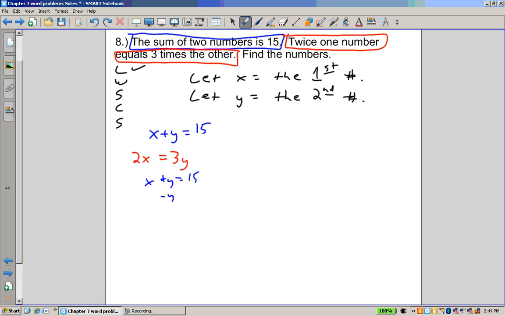We're going to subtract y, and we get x equals the opposite of y plus 15. So I'm just going to plug x into the red here. So 2 times something equals 3y. And instead of putting x in the red equation, I'm going to put the opposite of y plus 15.